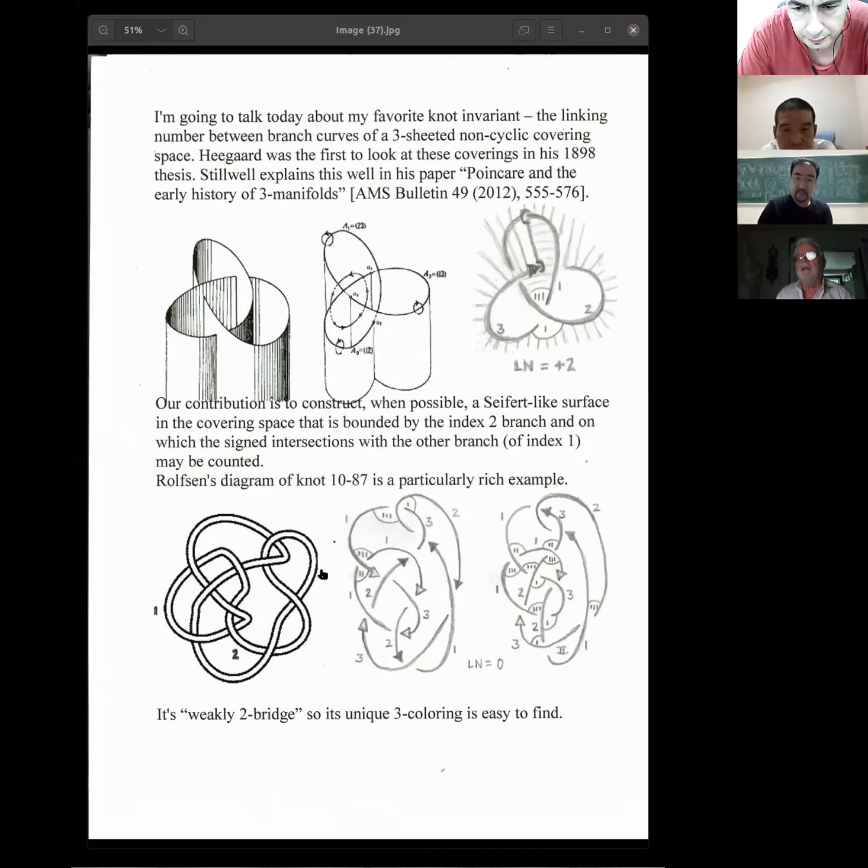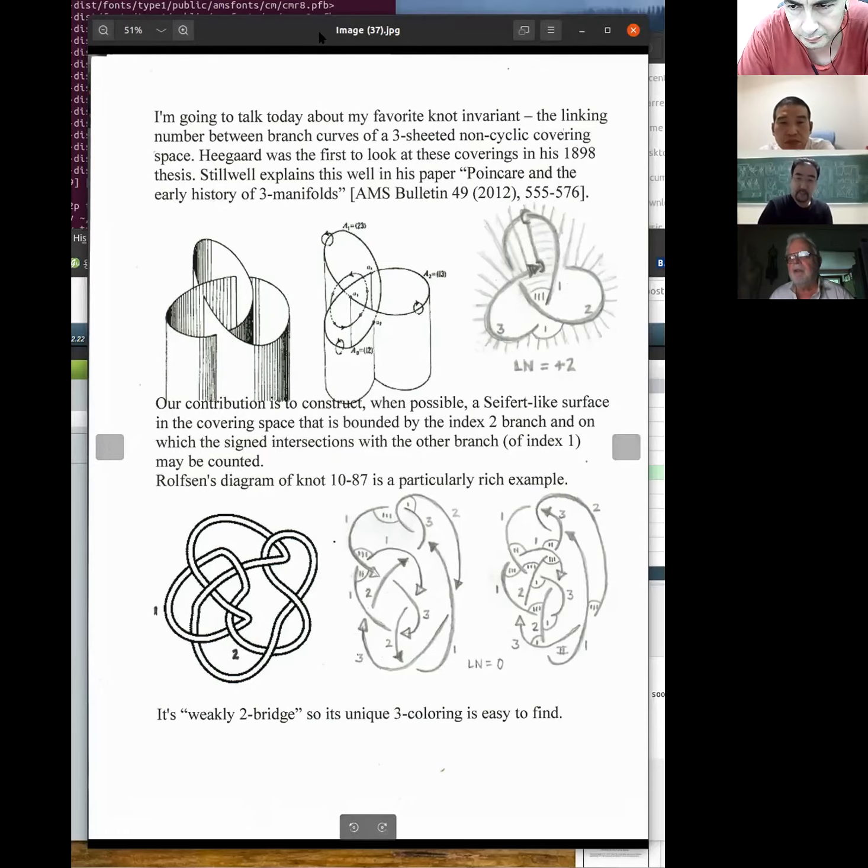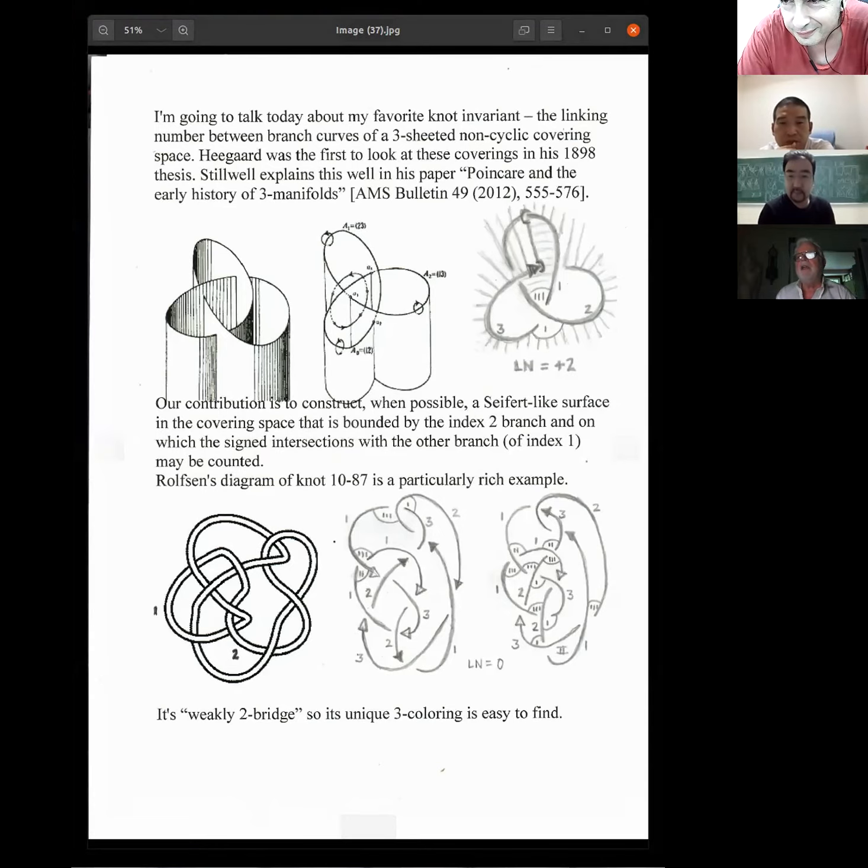So what I do in that third little picture on the right is I look for, and in this case find, a way to make something like a Seifert surface in the covering space itself. And what that little picture on the right is designed to indicate that I'm doing in the covering space is inserting just one little twisted rectangle at the bottom crossing, and then two discs up in two different copies of the covering space.